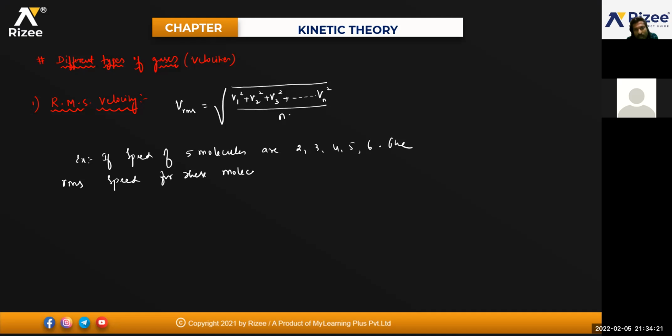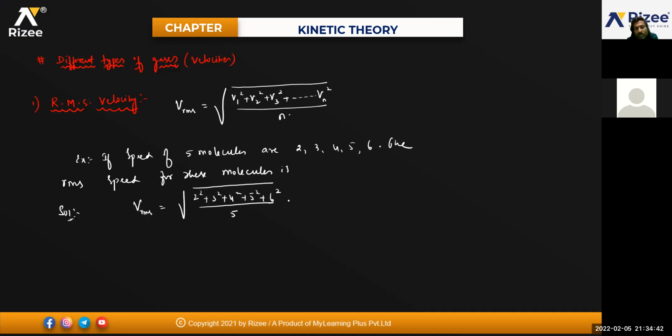Can anyone tell me the answer, beta? We have 5 molecules. That means Vrms will be equal to the root of 2 square plus 3 square plus 4 square plus 5 square plus 6 square, divided by the number of molecules.